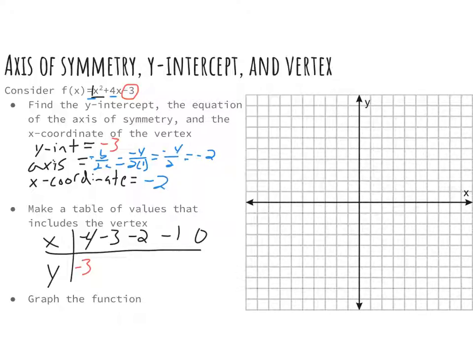If I put this on the graph, x is negative 4, y is negative 3, my point goes right here. If I plug in negative 3, negative 3 squared plus 4 times negative 3 minus 3, I get a negative 6. So at negative 3, I get negative 6 right here.